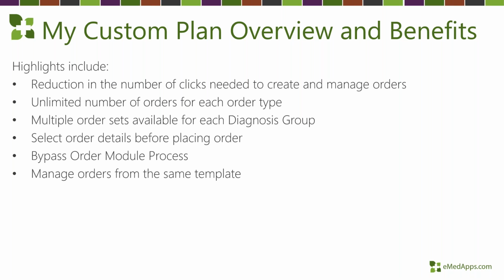The nice thing about this is also that you can have an unlimited number of orders for any diagnosis. In the My Plan template, you can only do 6 in certain areas, and then you can add some in the additional fields, but obviously there's a limitation there. You can also have multiple order sets available for a diagnosis group.